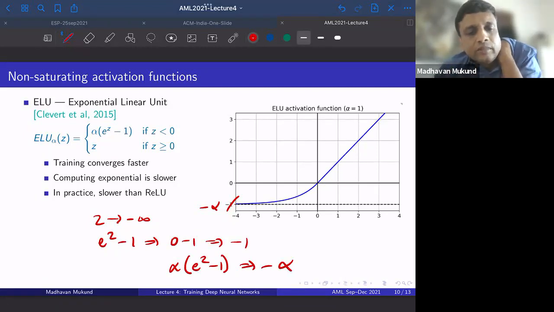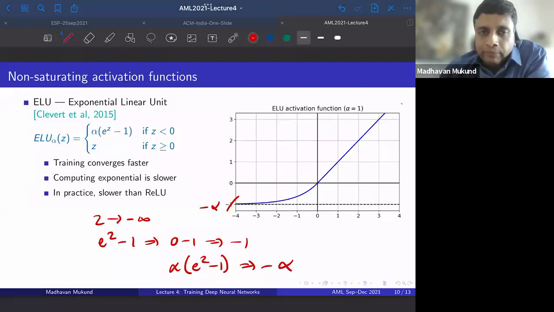So this again theoretically converges faster, but in experiments it actually works slower than ReLU because you have to compute this exponent. There is a non-trivial cost involved, the same thing we said about sigmoid and ReLU. If once in a while you have to do 1 plus e to the minus z, it's okay. But if you have to do it repeatedly, for a large number of nodes and over a number of cycles, it all adds up.